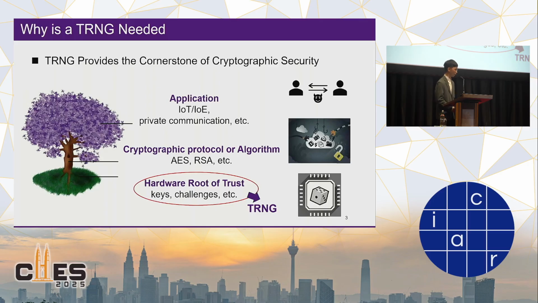They provide the unpredictable keys that in turn run algorithms like AES or RSA for security hardware, which then give the security for private communications or IoT devices. So if we don't have such high quality, truly random numbers at the very base, the entire cryptographic system is at risk.